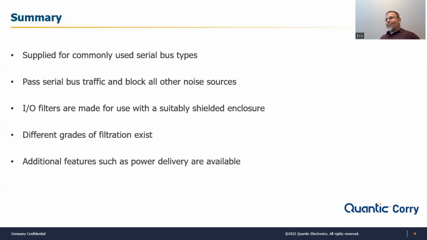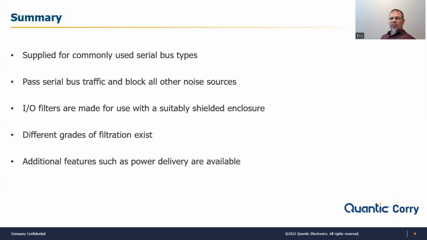Different levels of filtration exist, whether you need a high amount of isolation if you're an RF test lab and you really need to get those last decibels out of your measurement, or whether you're just, I don't know, a hacker in your garage and you want to keep your garage door opener from talking to whatever's in the box.